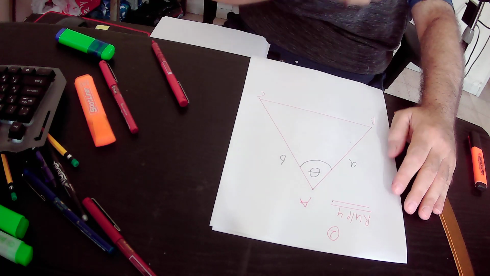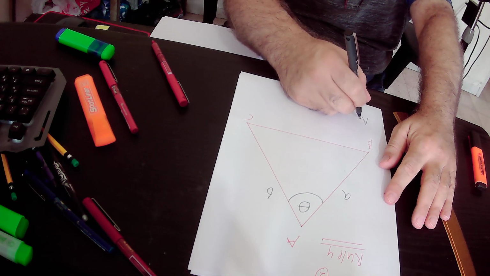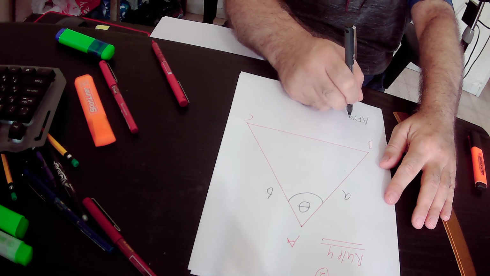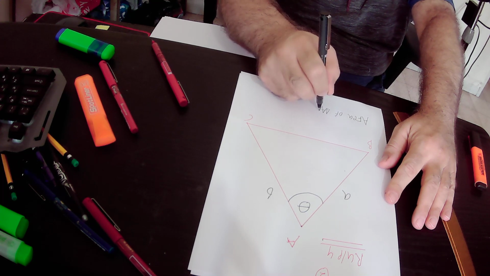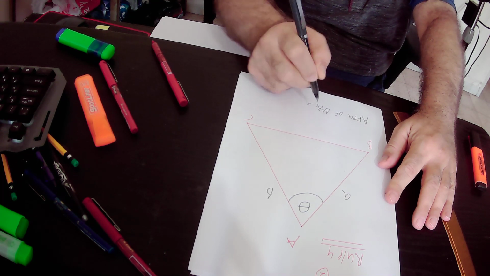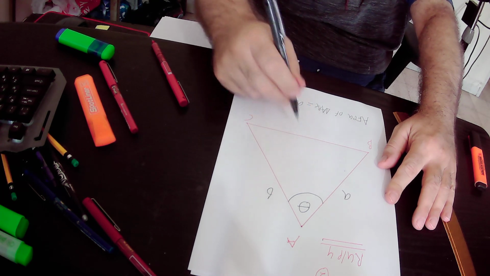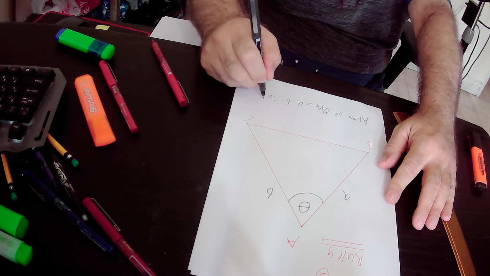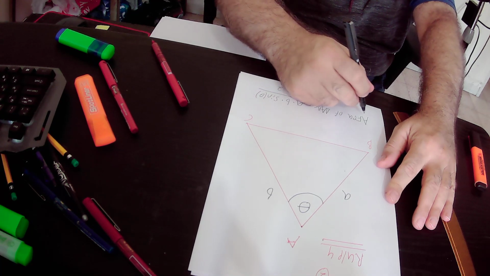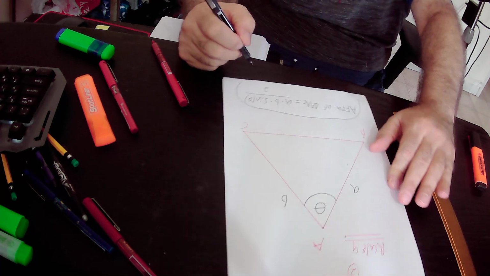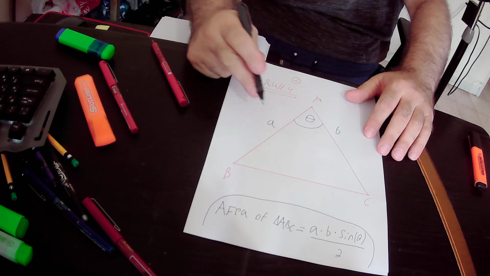Then, according to the new formula, the area of triangle ABC equals A times B times sine theta over 2.